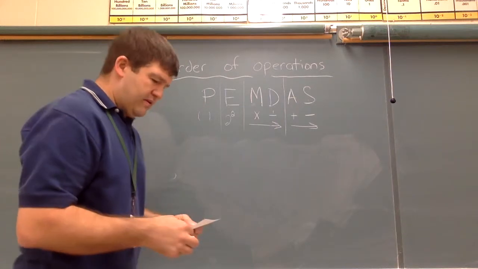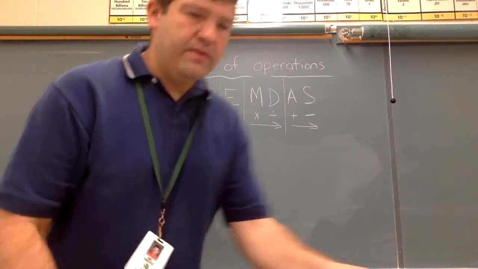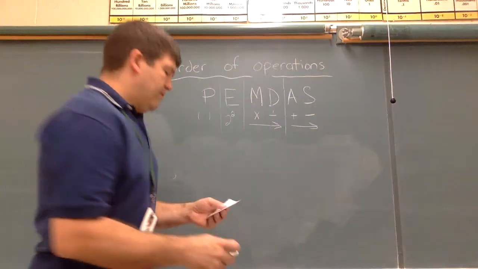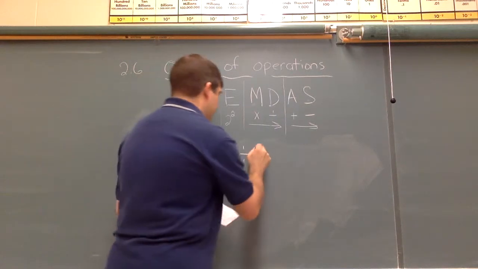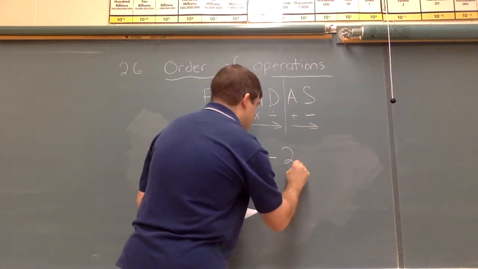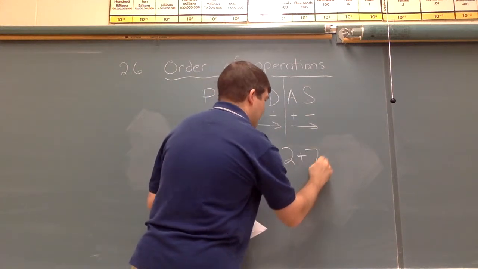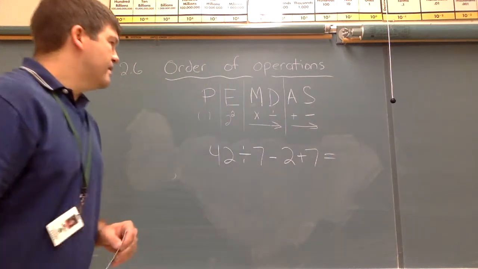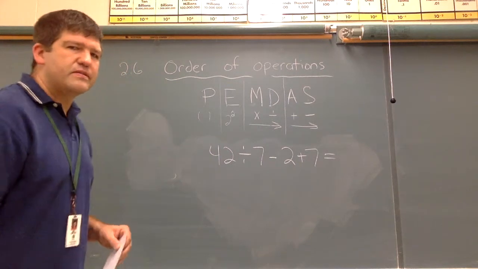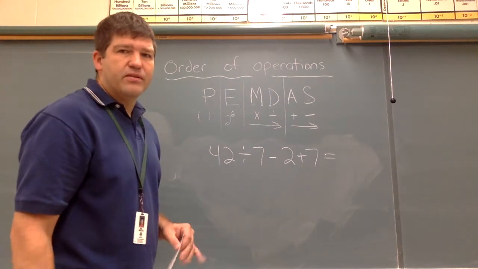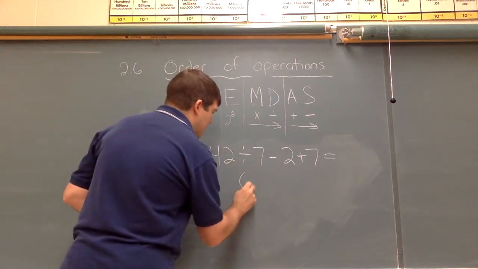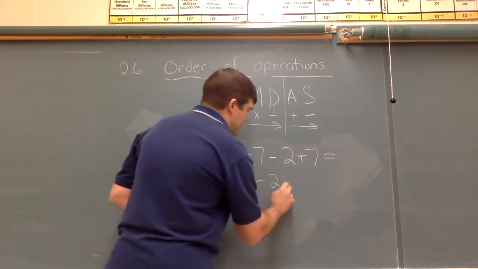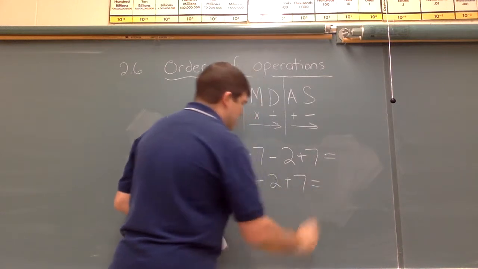All right. Let's do 42 divided by 7 minus 2 plus 7 equals. All right, no parentheses, no exponents. Multiplication, division. No multiplication, I do see a division. I'm going to do that first. 42 divided by 7 equals 6 minus 2 plus 7 equals.